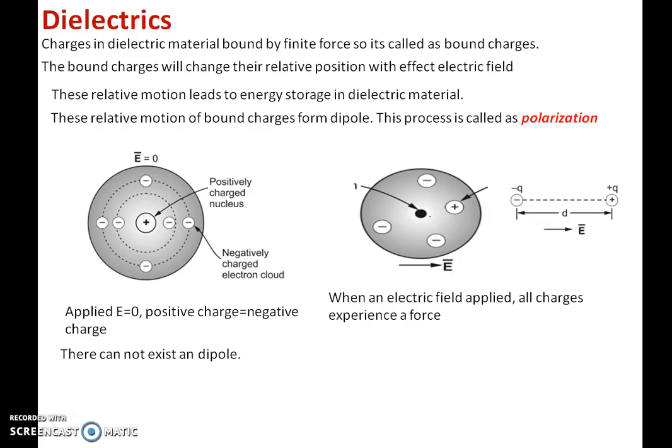As shown in this figure, minus Q and plus Q form a dipole with a small distance d when I apply an electric field E. This process is called polarization.